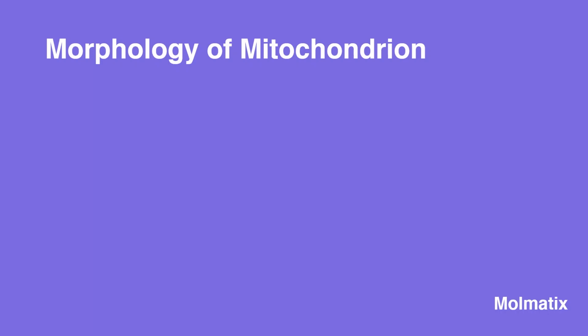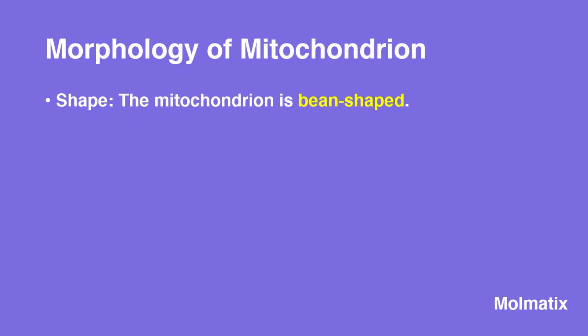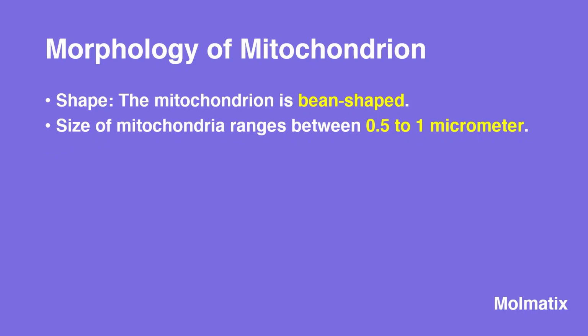Morphology of mitochondria. Morphology means the size and shape of mitochondria. In general, the mitochondrion is bean-shaped, but it has some exceptions, like mitochondria present in the fibroblasts are thread-like in shape, and the size of mitochondria ranges between 0.5 to 1 micrometer.